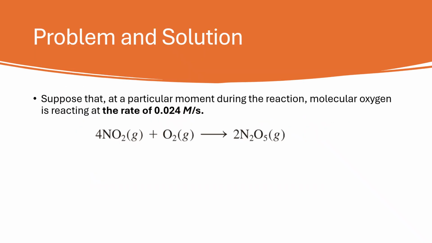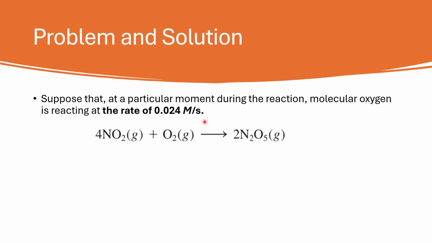Now we can use that to evaluate the rate of one chemical in our reaction versus that of another chemical. In this particular problem, we're being told actually, that molecular oxygen is reacting at the rate of 0.024 molarity per second.